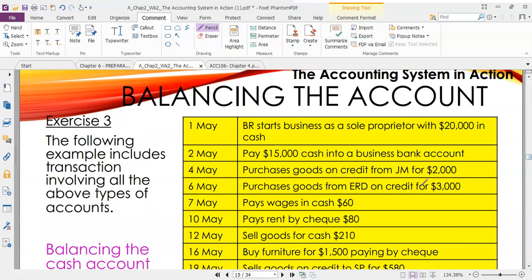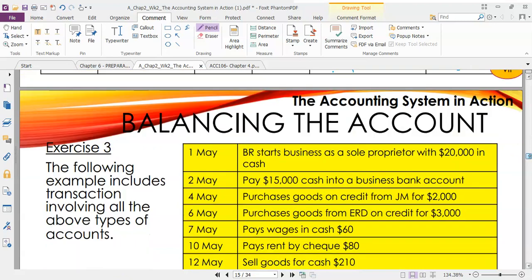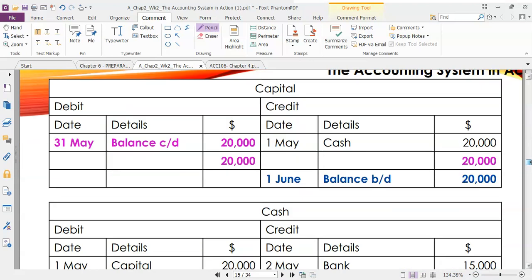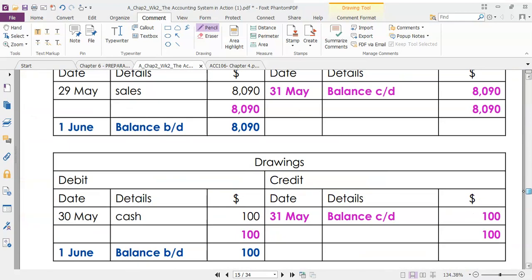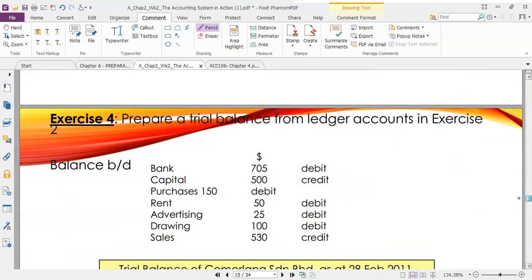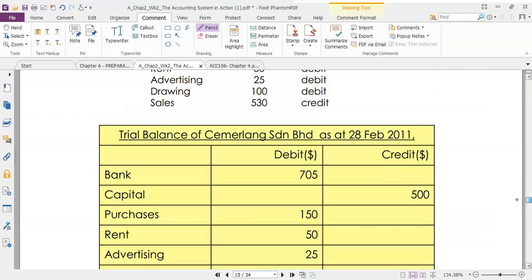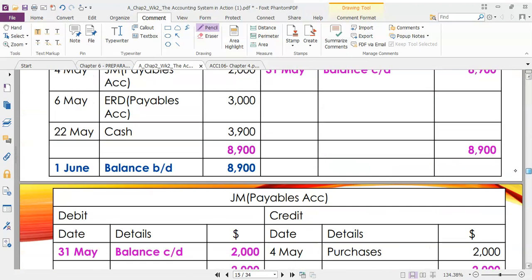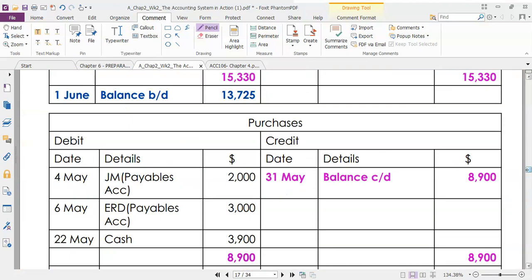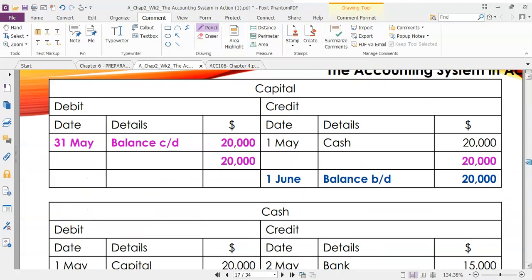Rasa cukup untuk hari ni ke ataupun you nak I sambung sampai habis? Ada banyak lagi, sebab kita akan belajar trial balance semua tu, balancing off. Saya rasa cukup sampai sini dulu. So next week kita akan sambung untuk balancing off.